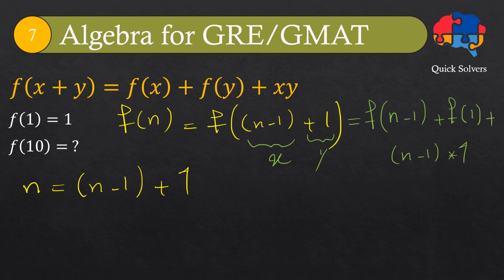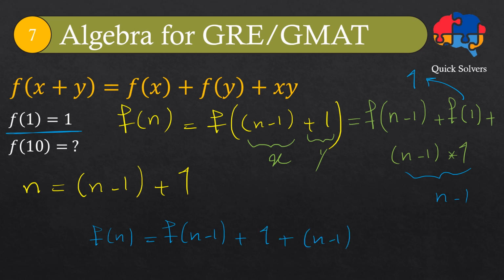Great, here we know that f of 1 is 1, that's our assumption. And we know that this multiplication is just n minus 1. So this is telling me that I can rewrite f of n as f of n minus 1 plus 1 plus n minus 1.